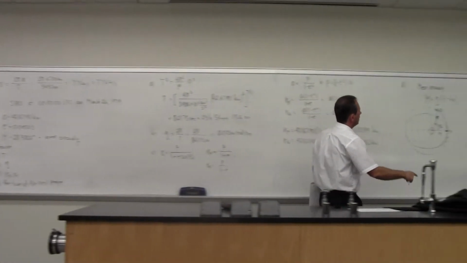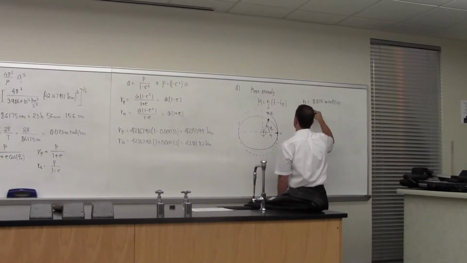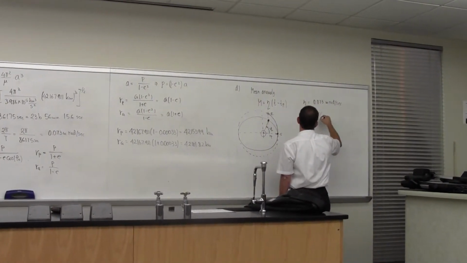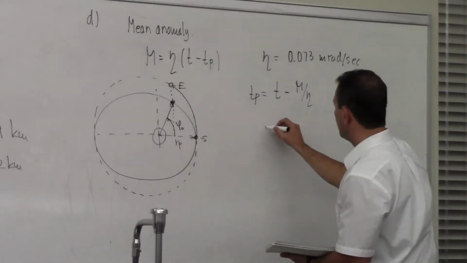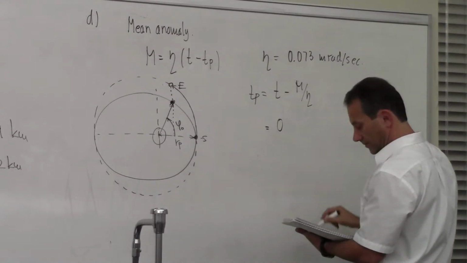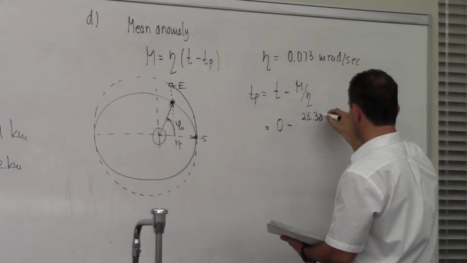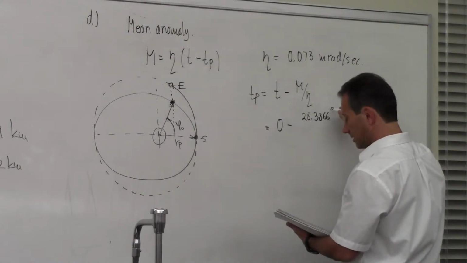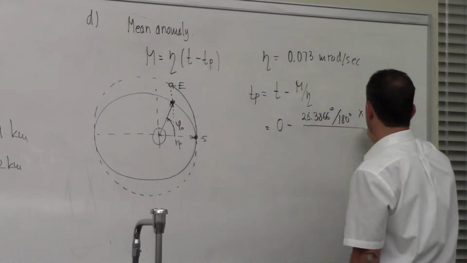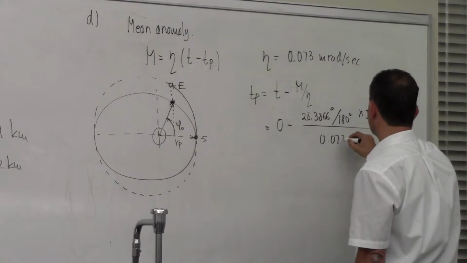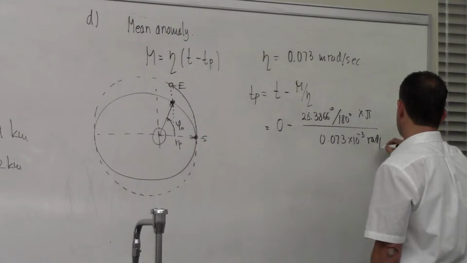So by calculating what the T perigee is from here, T perigee is going to be equal to T minus M over nu. And in our case, if I fix our current time to be 0, this becomes 28.866 degrees over 180 degrees times pi, divided by 0.073 times 10 to the minus 3 radians per second.